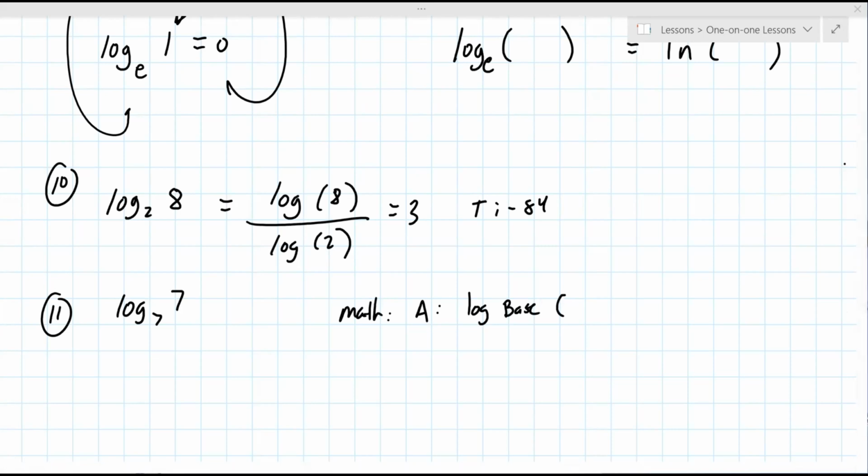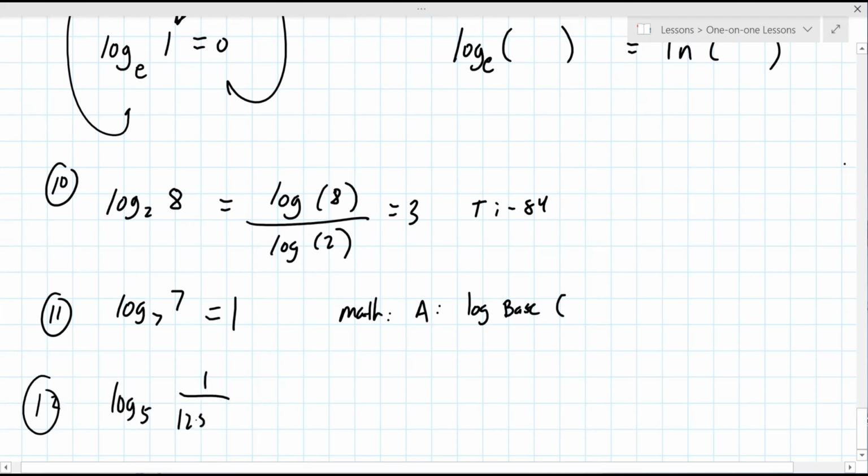I got 1 for 11. So 11 is 1. If you get a decimal, you have to be able to convert it to a fraction. For 12, it's log base 5 of 1 over 125, which equals -3.